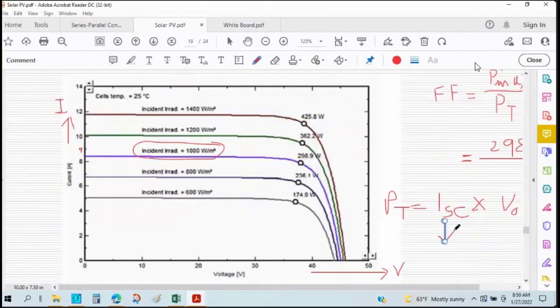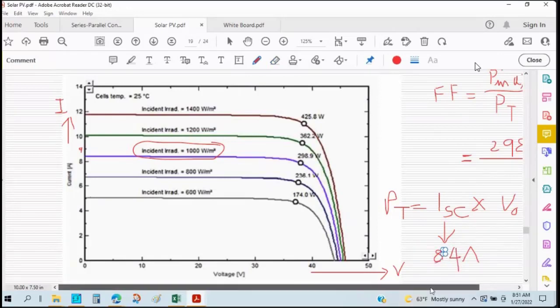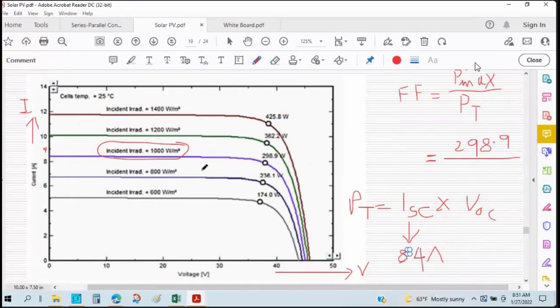So the value of ISC is 8.5. Sir, we will take the value from the curve approximately, then the result will vary from person to person. Okay, the result will vary. Is there any other value of ISC?